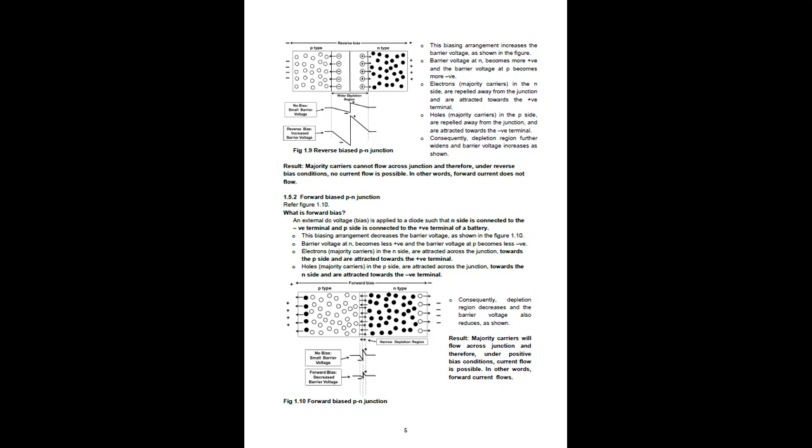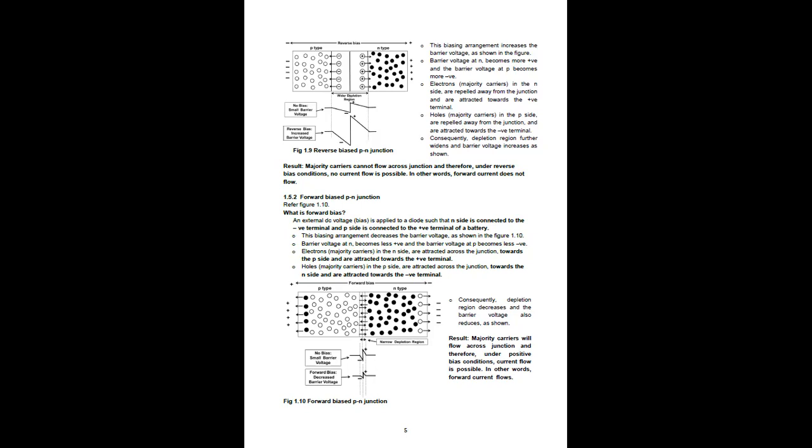This biasing arrangement decreases the barrier voltage as shown in this figure 1.10. As you can see, the depletion region decreases. So the barrier voltage at N becomes less positive and the barrier voltage at P becomes less negative. The electrons in the N side are attracted across the junction towards the P type and towards the positive terminal.